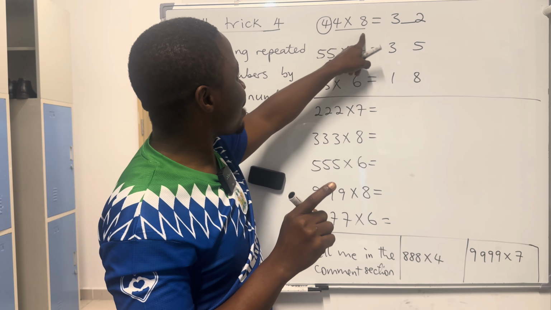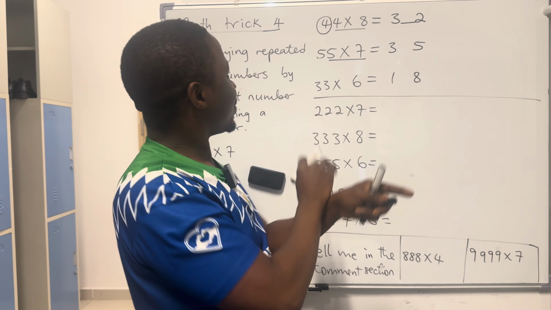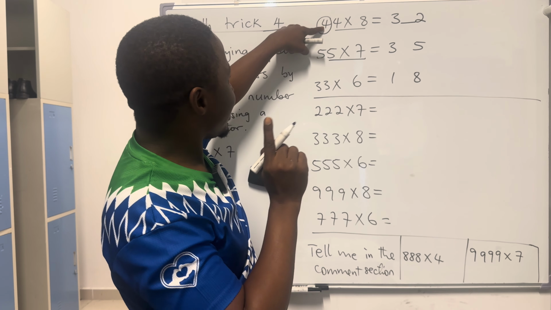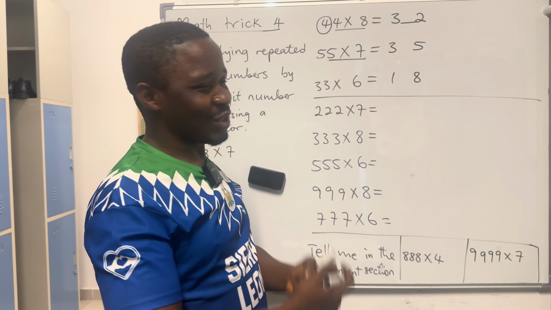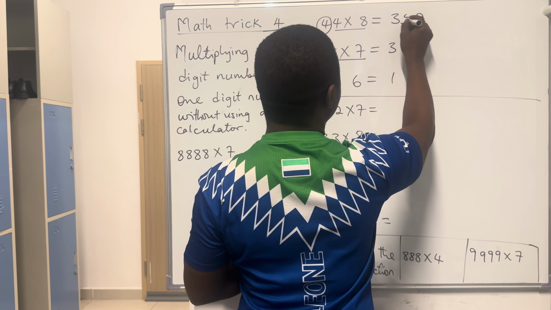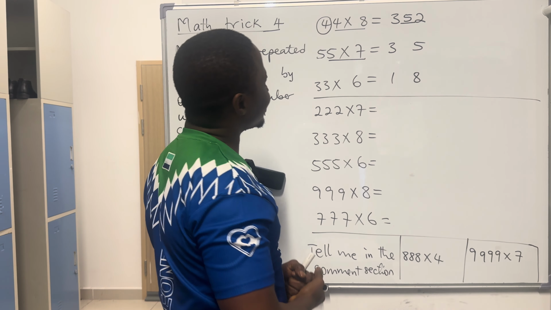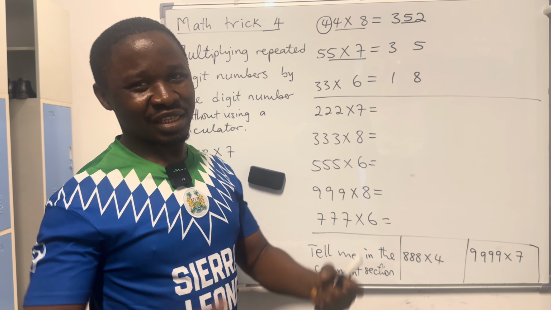Remember, 4 times 8 is 32. How many are we inserting between them? We use this, so it means one digit. How do we get that one digit? So easy. 3 plus 2 is 5. So 44 times 8 is 352. Is that not easy? It's easy.